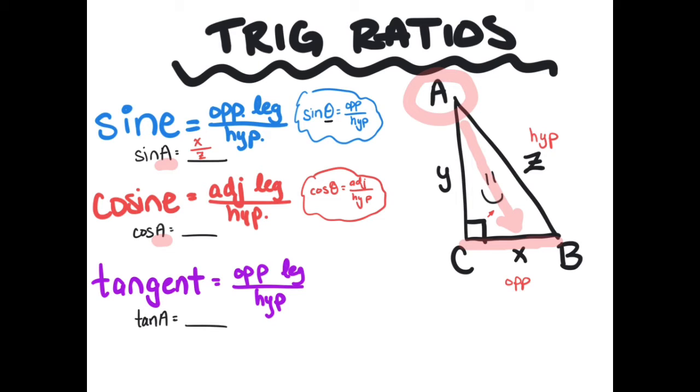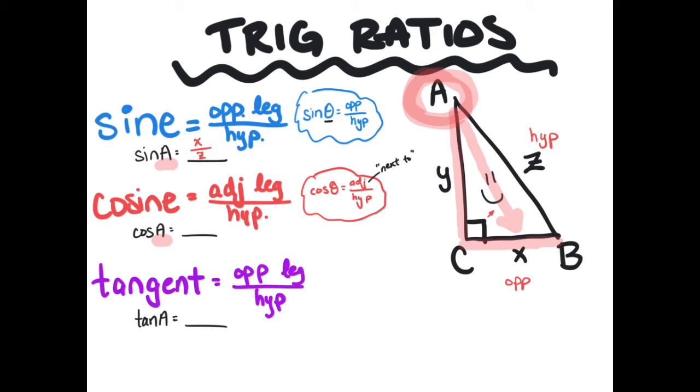So I come over to my triangle, and I've got angle A, it's already circled, and I need the leg that's adjacent to it. The word adjacent, little reminder, means next to. And the side that's next to angle A would be that side.